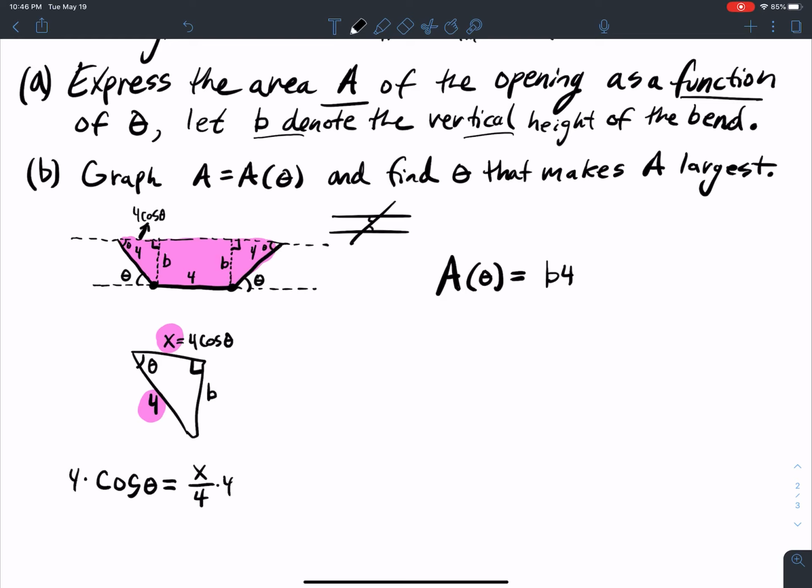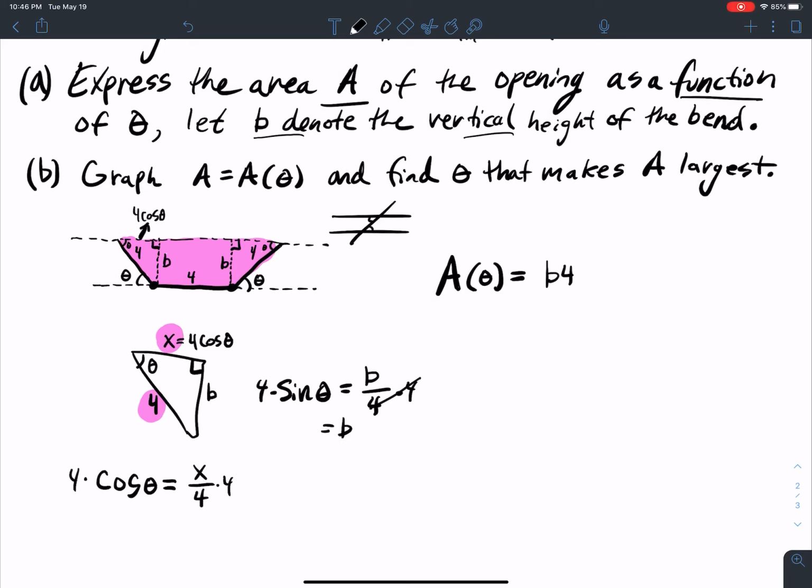Okay. Now, what else do I know? Well, what is the sine of theta equal to? The sine of theta is B divided by 4, right? So I can replace B with 4 sine theta.